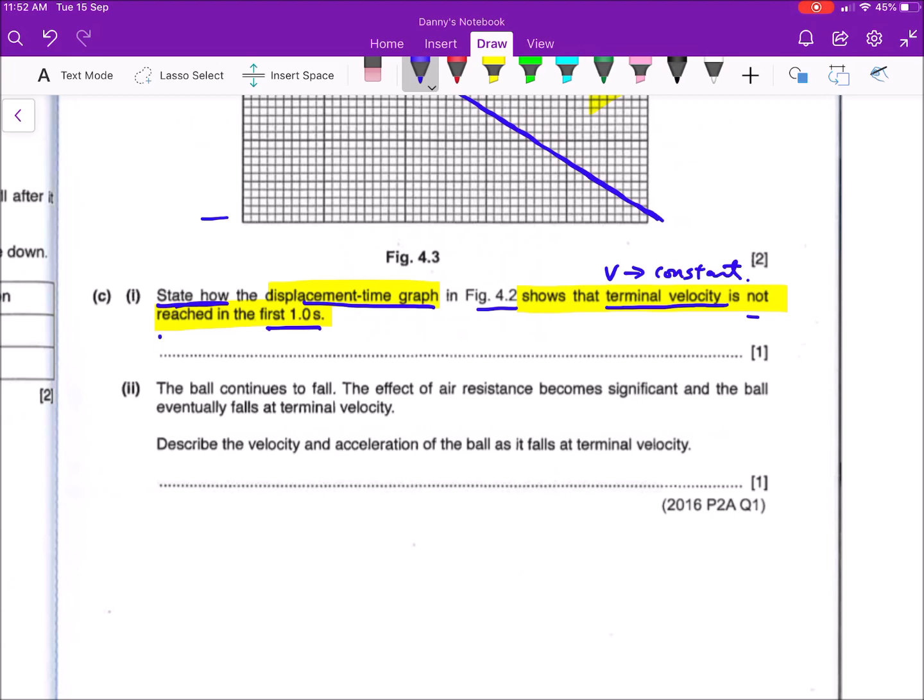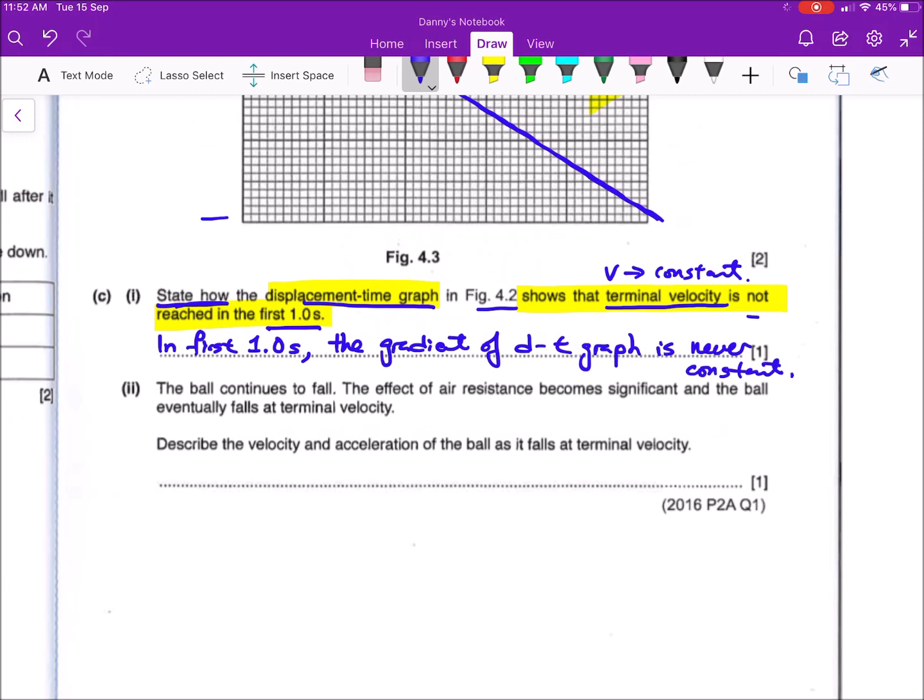So you just need to say, in the first 1 second, the gradient of your displacement time graph, please spell it out completely, is never constant, or is not constant. Now let's look at the last part.